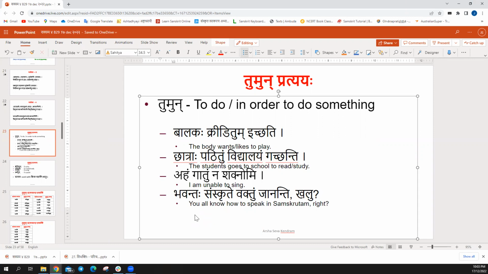Bhavantah Sanskrite vaktum jananti khalu. You all know how to speak in Sanskritam, right? Khalu is what makes this sentence a question.